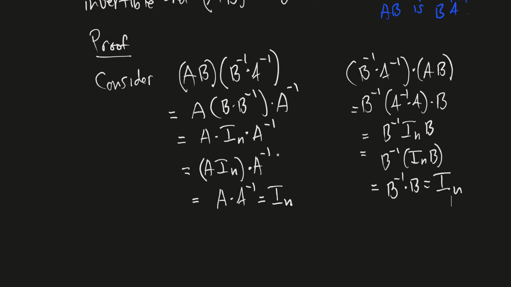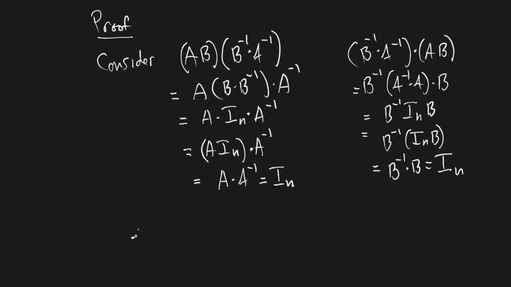So therefore, let's first write it in words. The inverse of AB is this product, but in the reverse order: the inverse of B times the inverse of A. So the inverse of the product is the reverse product of the inverses.